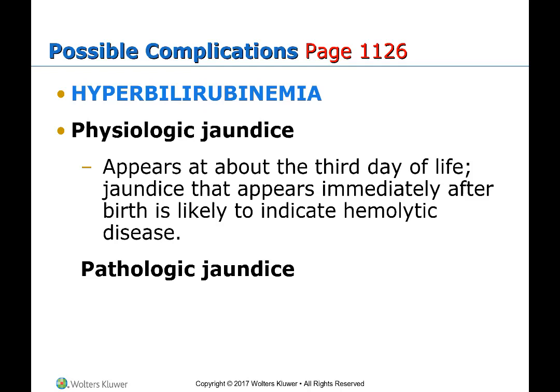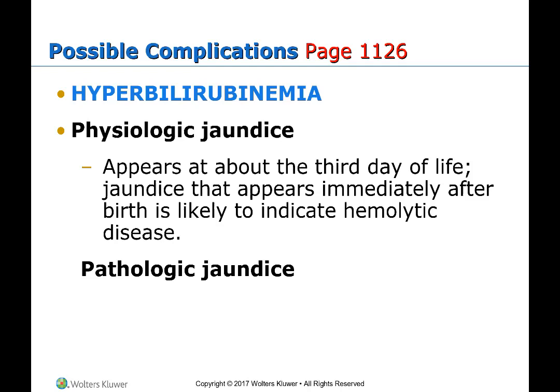Maybe it can't manage the production and release of red blood cells. So the red blood cells are breaking down, enter the bloodstream, and we have elevated levels of bilirubin. Like I said, I don't think you need to get into unconjugated, conjugated, and so on. But anyway, the baby then would be yellow or jaundiced.